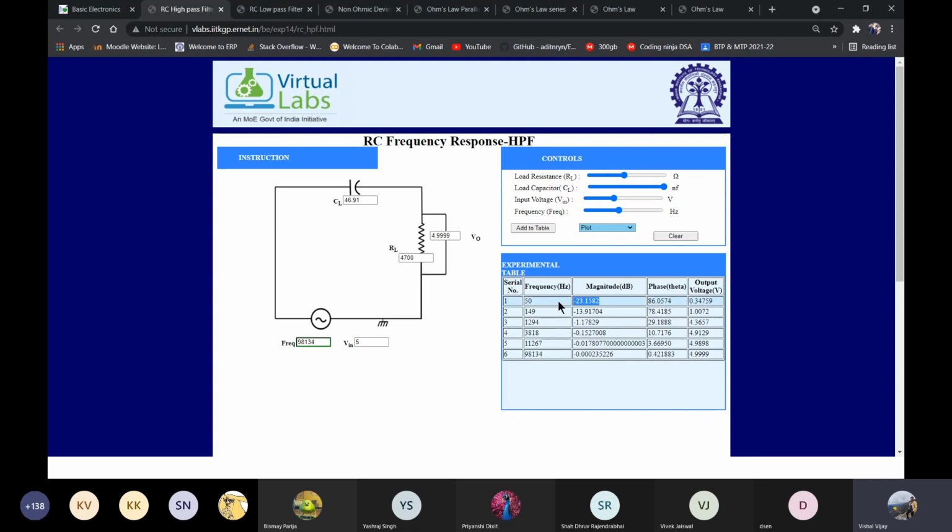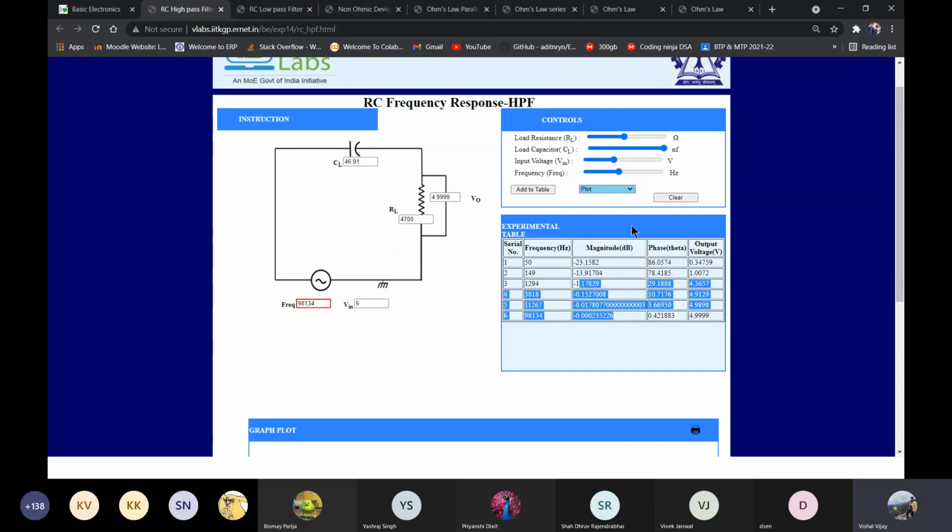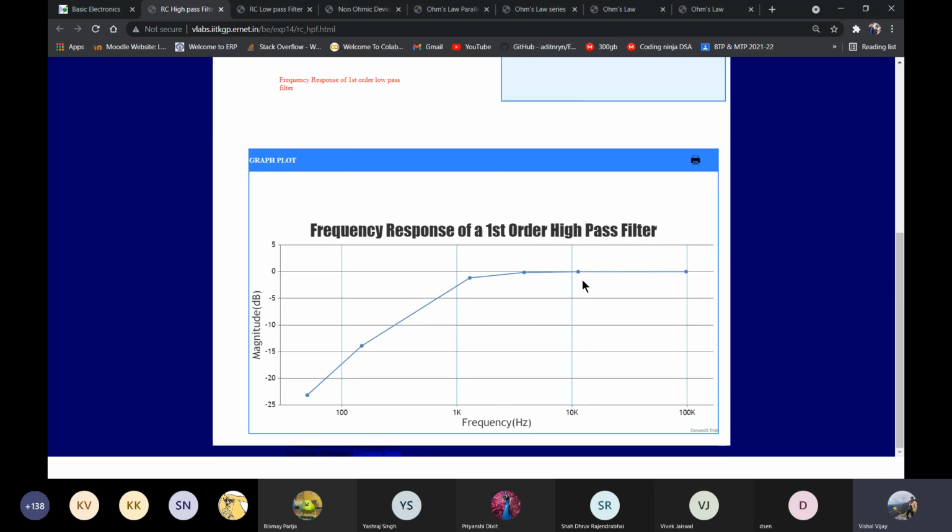Here the signal is very much attenuated. And at 149 hertz also, it is minus 13. But when we cross the 720 hertz mark, at 1294, you can see this is within the limit of minus 3 dB, and it will go down. It will be lesser than minus 3 dB as long as the frequency is greater than 720 hertz. Right.